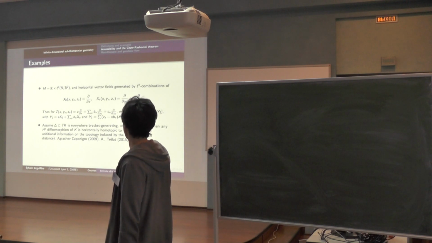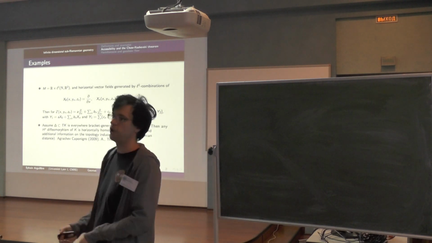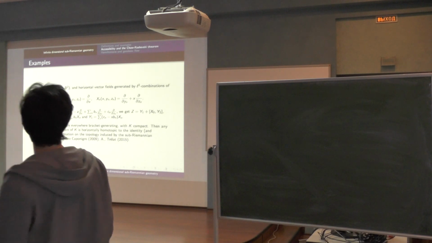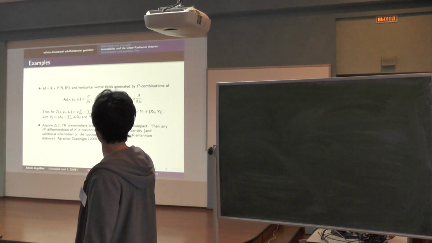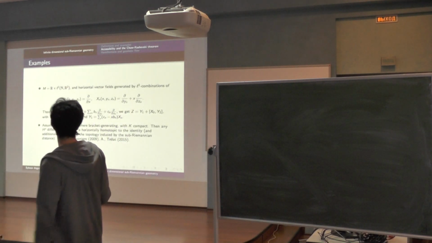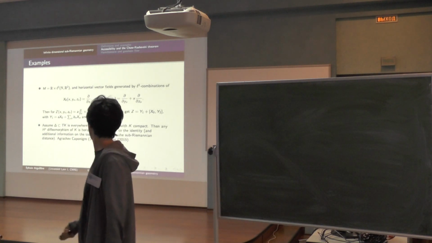And moreover, you get additional information on the topology induced by the corresponding sub-Riemannian distance. This is a variant of a result by Agrachev and Caponigro that we obtained last year with Manuel.